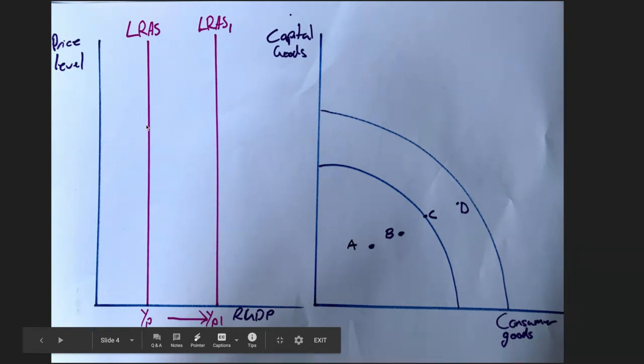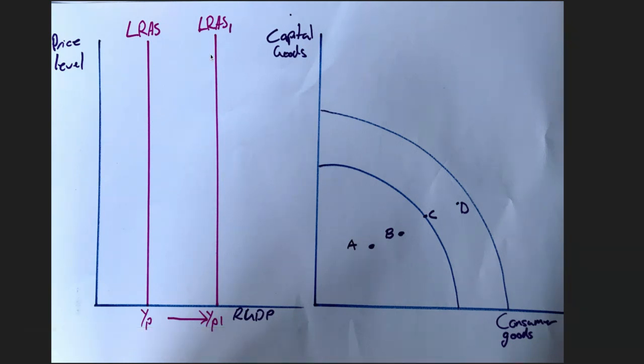Now, when we see an increase in long run aggregate supply out to LRAS1, that shows us that we've had an increase in productive capacity, or an increase in potential ability to increase our output in our economy. That can be things like utilizing resources better, better trained people, more resources and availability of capital.